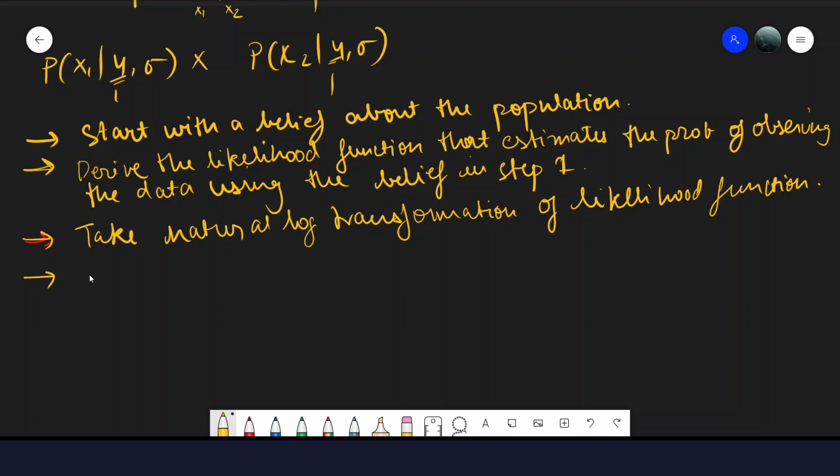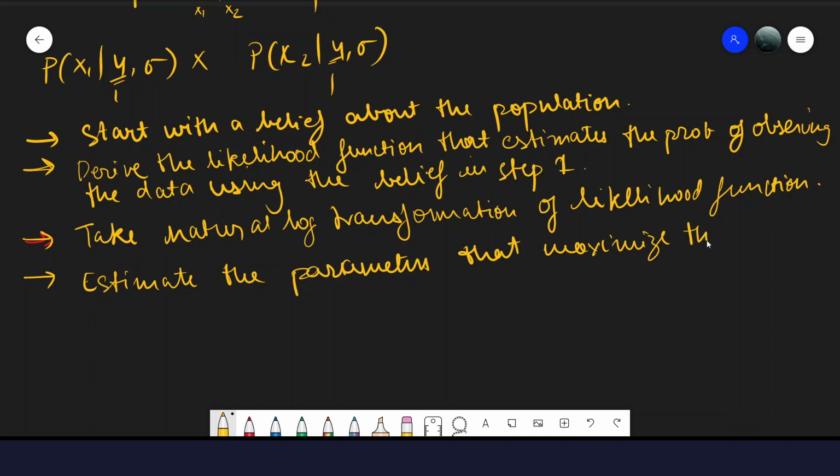And the fourth and the last step is that you estimate the parameters that maximize the log likelihood function.